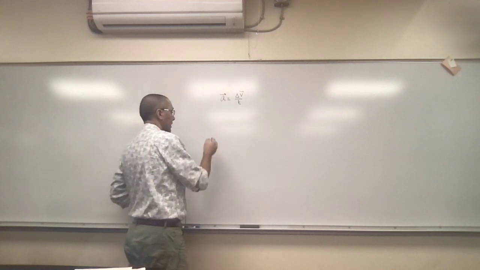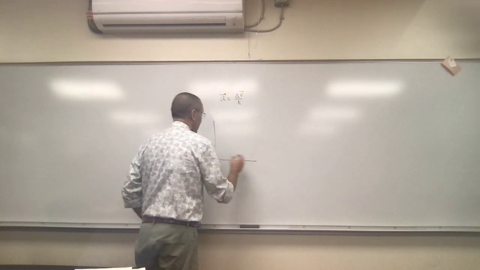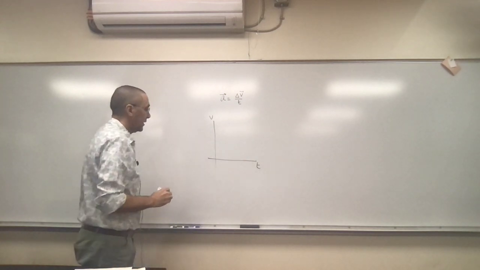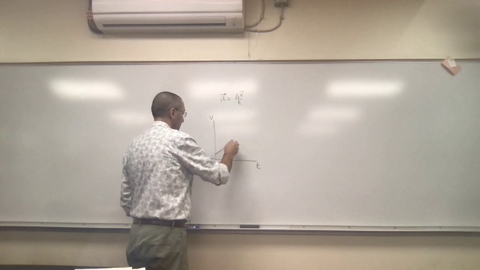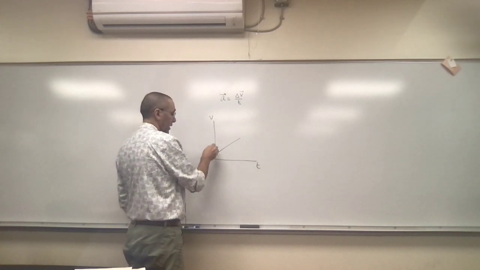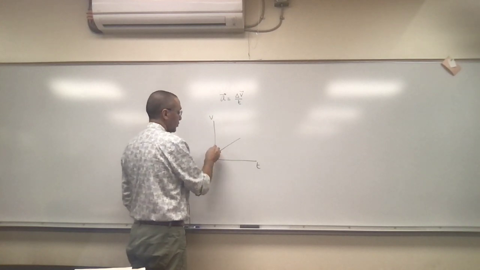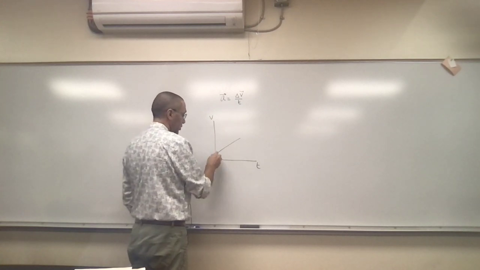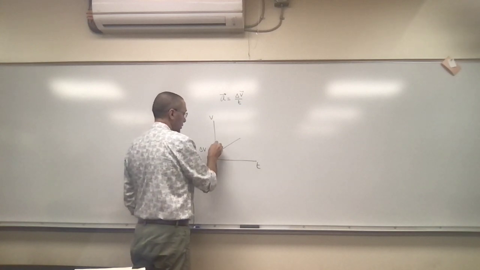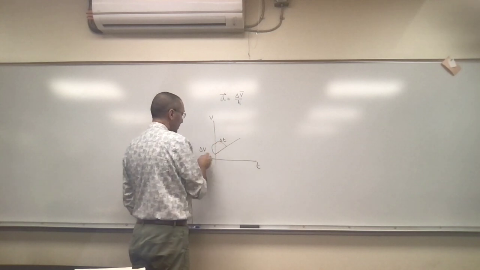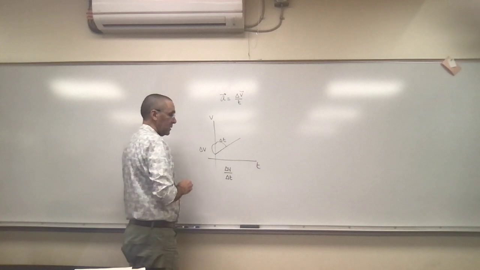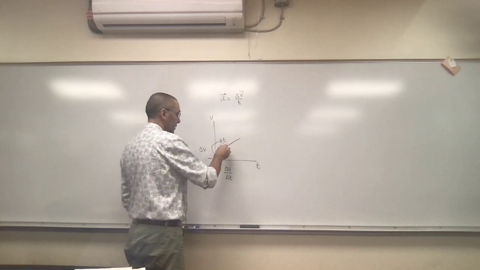Now, if I draw a velocity versus time graph, and let's say it looks like that, if I do the change in velocity, in other words, the rise, over the change in time, which is the run, the change this way is delta V, the change this way is delta T. So if I do this ratio of delta V over delta T, that's the slope of this segment.